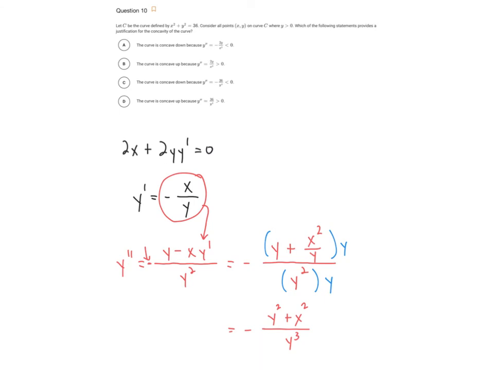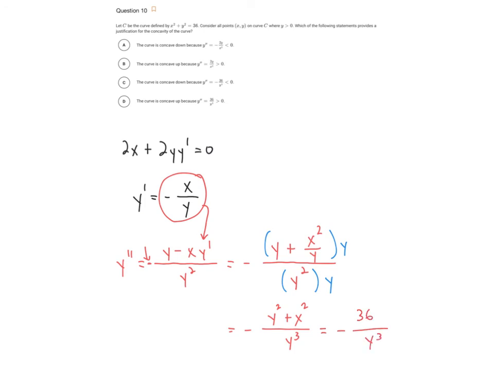Okay, and then they're being tricky again. Notice this is not an answer choice. You have y cubed in the bottom in a couple of these, but you don't have this x squared plus y squared in the top. But notice that x squared plus y squared equals 36, so we could rewrite this by just substituting 36.